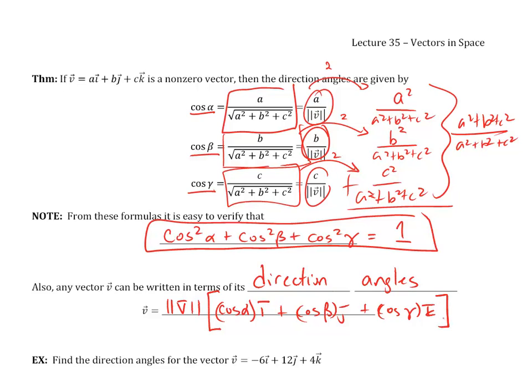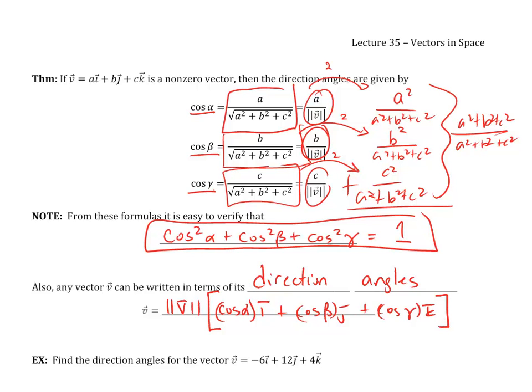Again, it's not hard to show from the formulas for the direction angles. The reason I point this out is that if you know its magnitude and direction, you can find its component form. If you know its component form, you can find its magnitude and direction. So both pieces of information tell you everything you need to know about a vector. In some applications, one's better than the other.